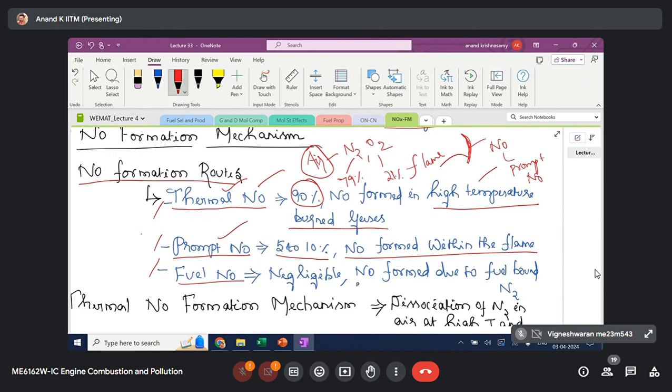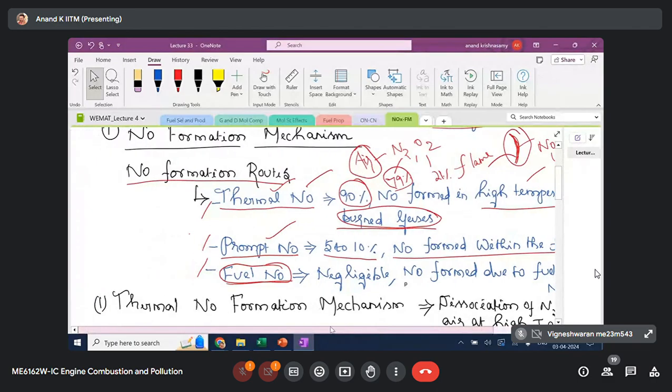Whereas the locations are different. Thermal NO is formed in high temperature burned gases, and prompt NO is formed within the flame region, flame zone, chemical reaction zone. Locations are different, but the source is air. Air has nitrogen around 79%. Oxidation of this nitrogen at very high temperature is what is causing thermal NO and prompt NO. Whereas if you look at fuel NO, the source for fuel NO is fuel itself.